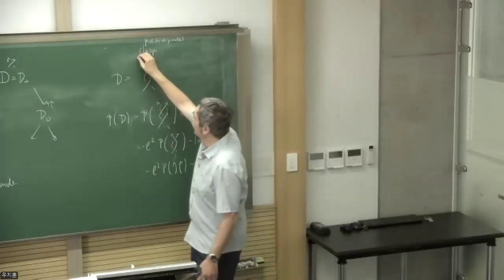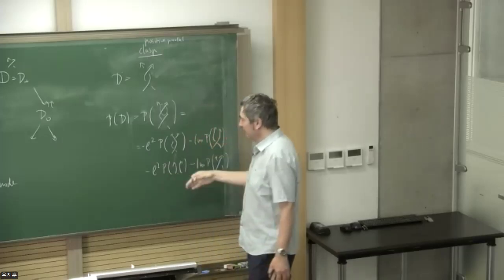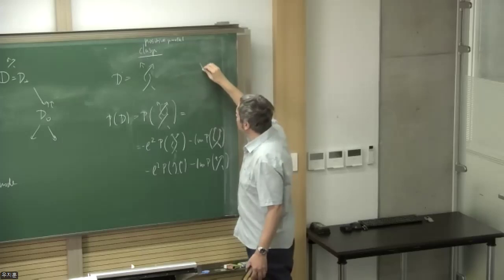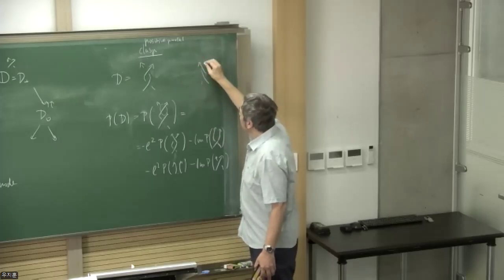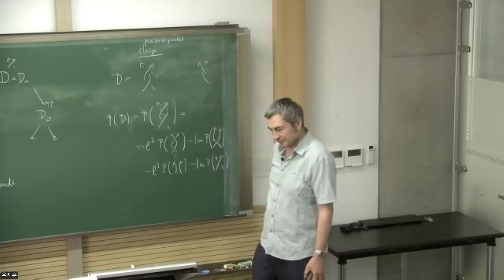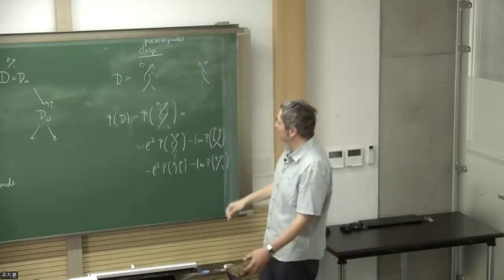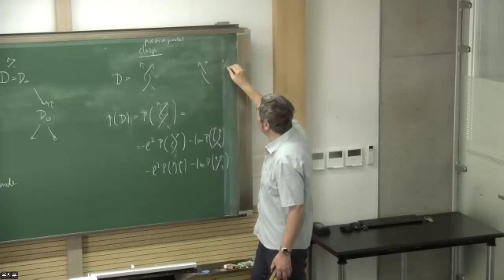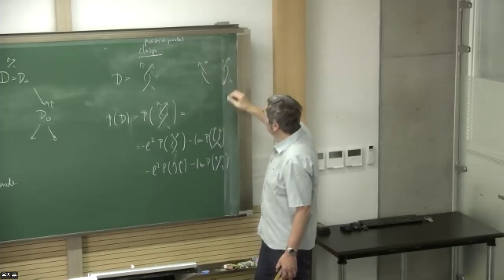So if you have a diagram with a clasp, you can do that. Similarly, there is no problem to do it for this one, it's just the mirror, and you can also do it when the rotation is the other way.